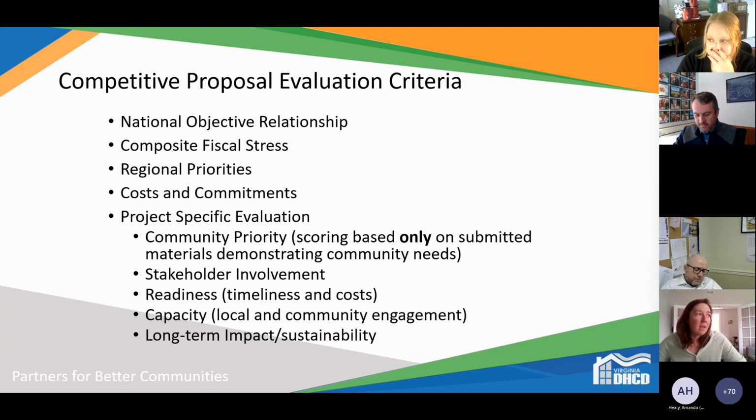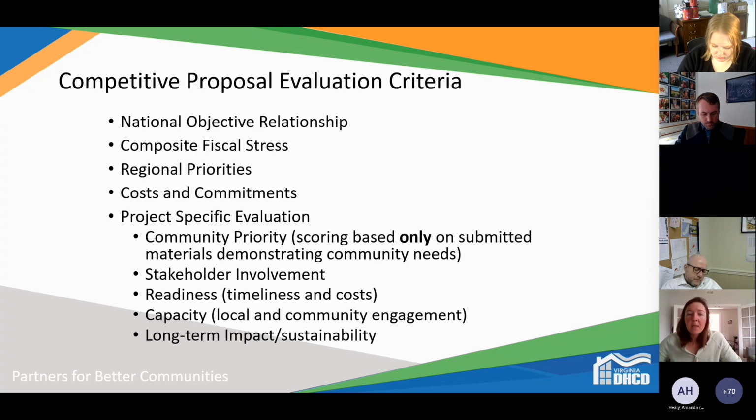And then we score in more detail for the costs and commitments, and then project specific evaluation. These include community priorities. A lot of the community priorities are checking to make sure that this project does meet a community priority, and that depends on what you submit to us.